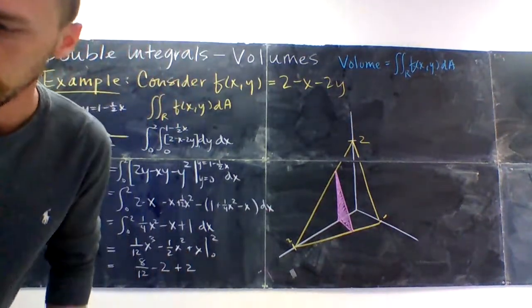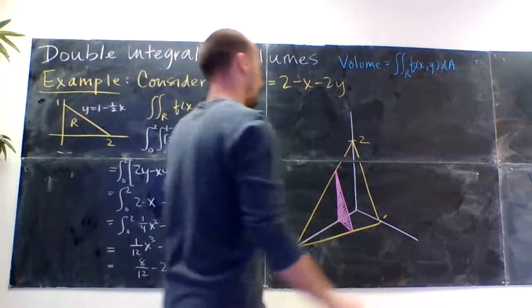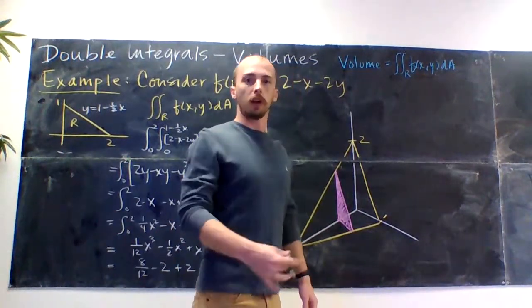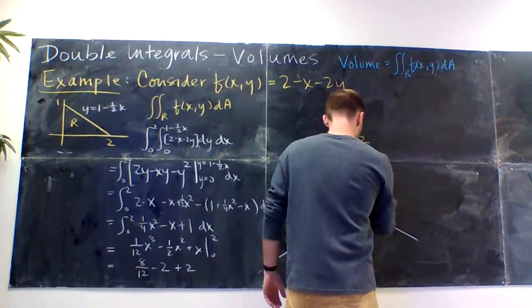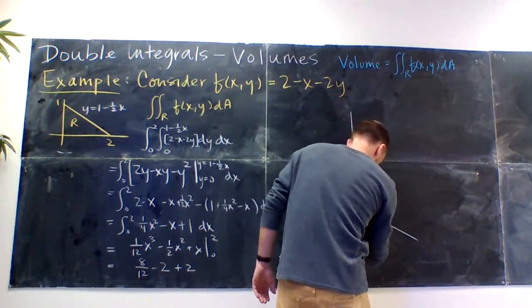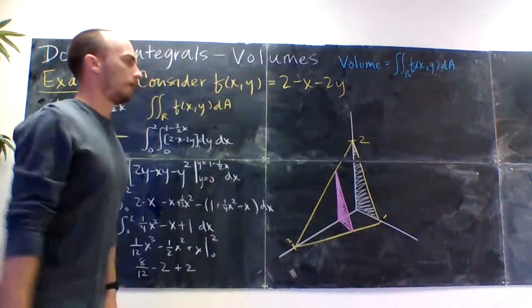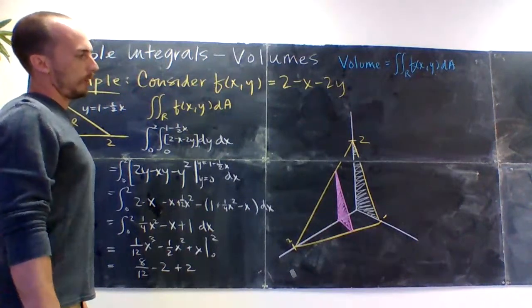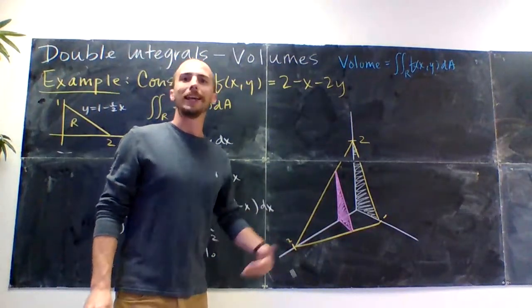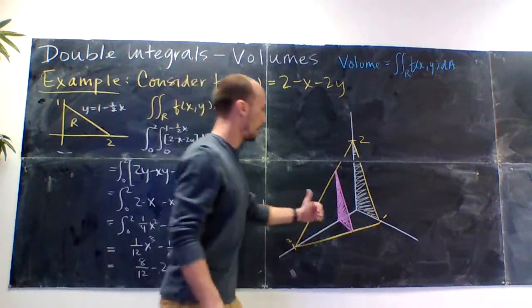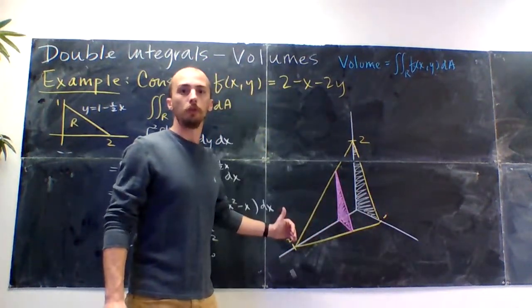Just to give you the idea, when we integrate the first time, we're going to kind of fill in back here, right? And in some way, that's going to give us a formula for the area of one of these triangular cross sections at a given x value. And then we let that slide from 0 to 2.